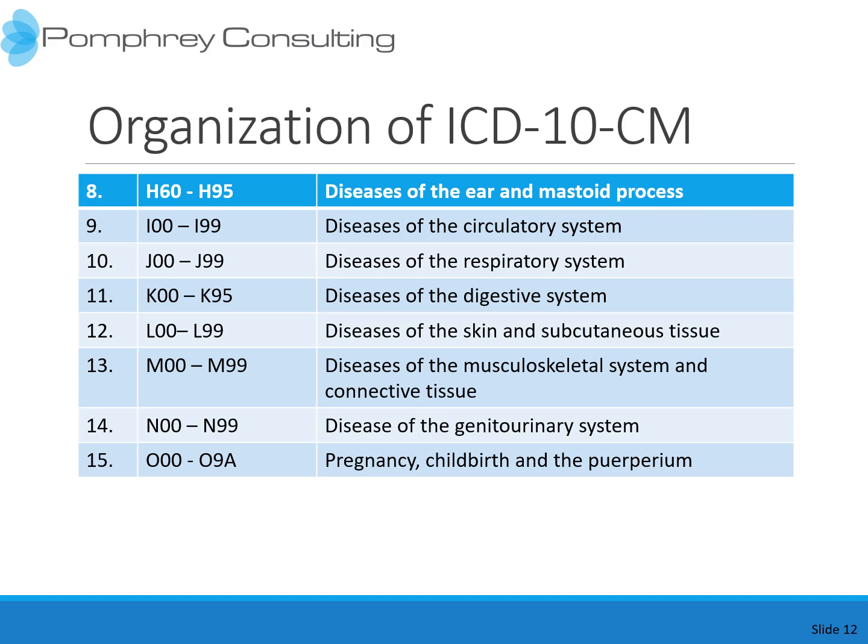Continuing on, notice all of the categories here. For example, anytime you code within the categories of O00 to O9A, immediately you know that those are codes assigned when the patient is pregnant, in childbirth, any of that; those type of diagnoses will fall within that range of codes.